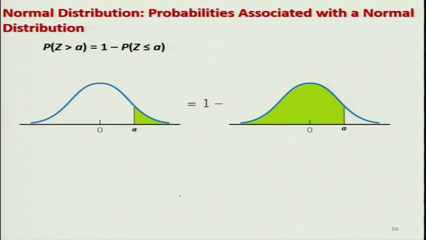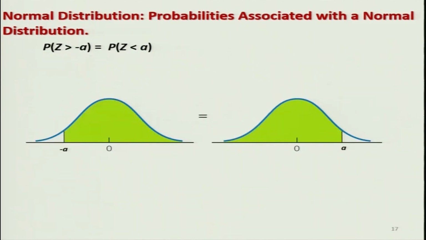Now you can see that if you want to compute the probability that z is greater than a, that is equal to 1 minus the probability that z is less than or equal to a. The probability that z is greater than a is this area, and this is 1 minus the probability that z is less than or equal to a. Similarly, the probability that z is greater than minus a is going to be the same as the probability that z is smaller than a.